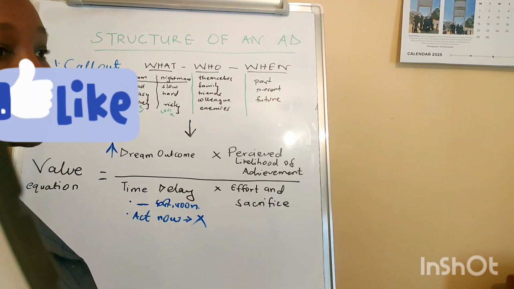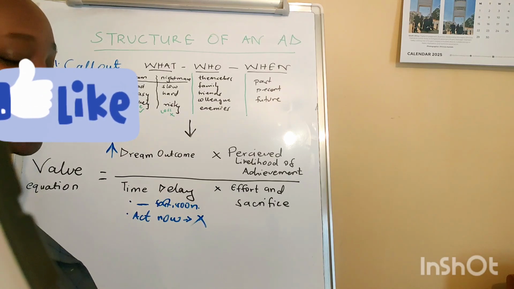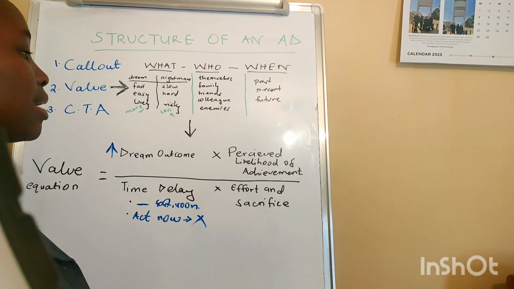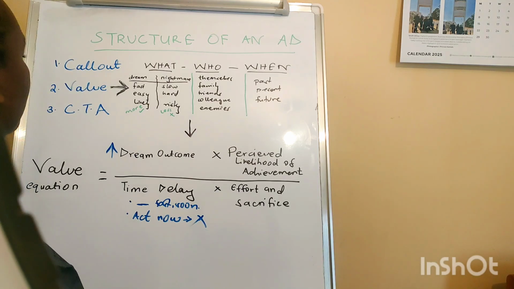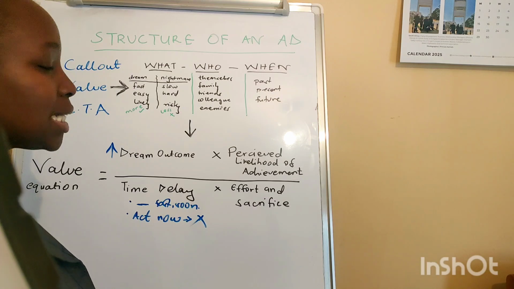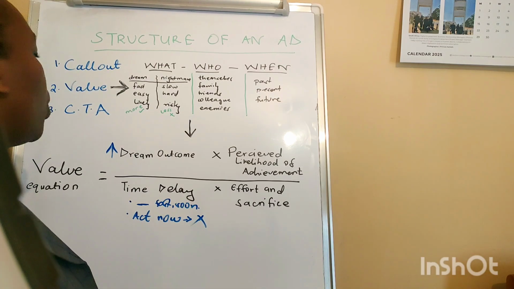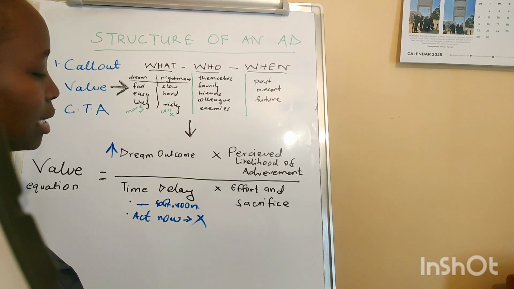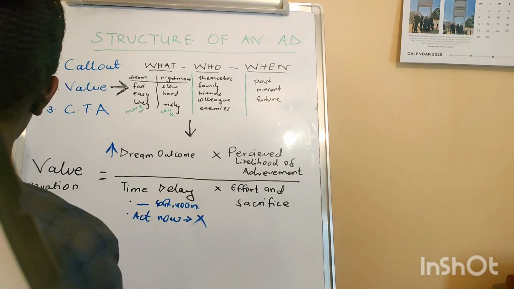When you don't tell them what to do, you're losing people. Okay, your ad is going to be a leaking bucket. If you want them to send a message, tell them, send me a message where? On WhatsApp. Okay, let it be clear and let it be loud. If it's a buy now or book now button, let it be big and bold.